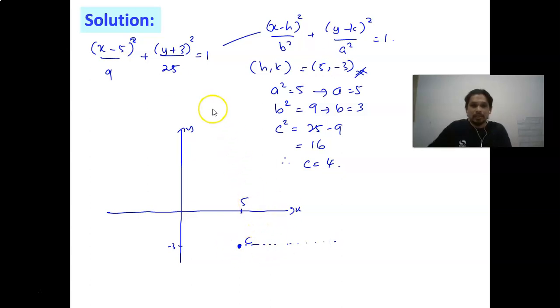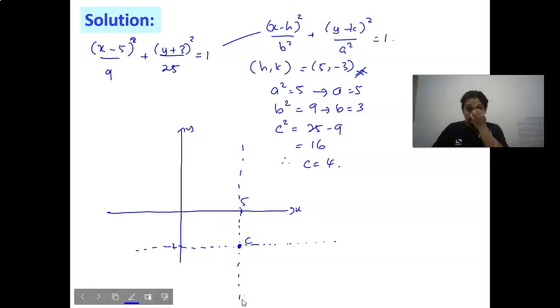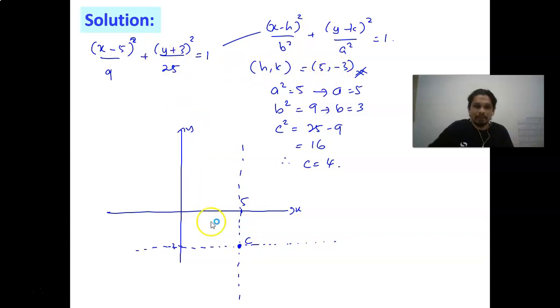Because the major belongs to y, a is greater than b, belongs to y here. So now a equal to 5.